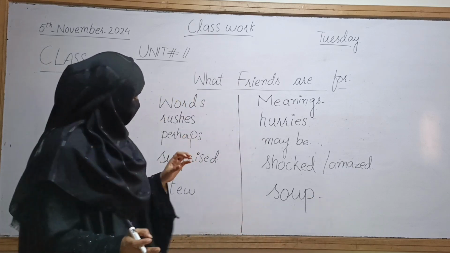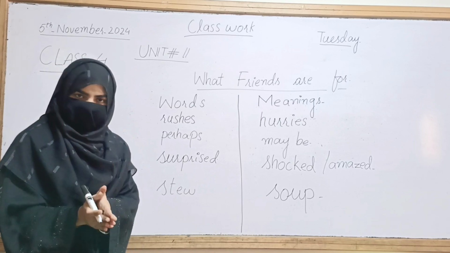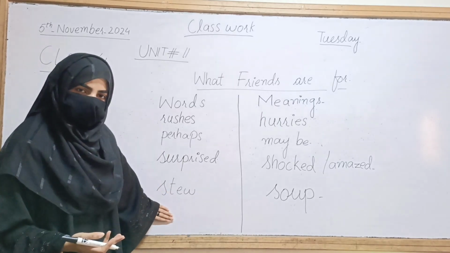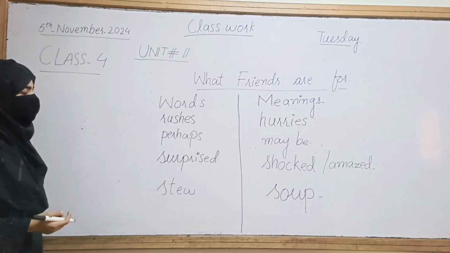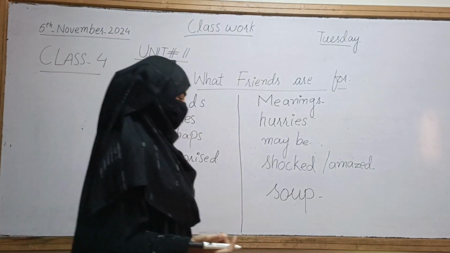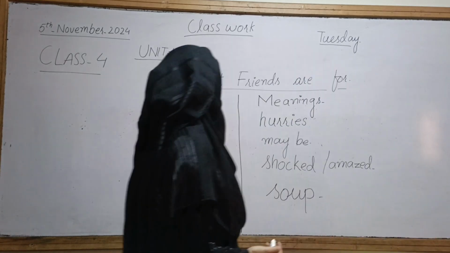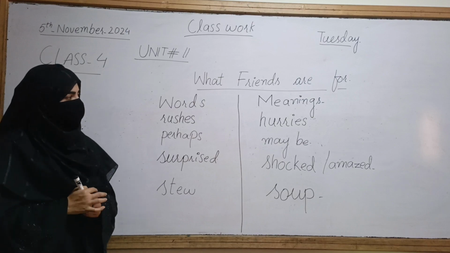Stew means any kind of food that is cooked in a liquid and on a low flame. That is your stew. It means soup. Come on, note it down. Hurry up, we are heading with only one minute left.